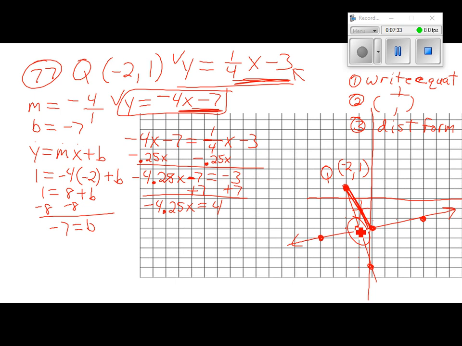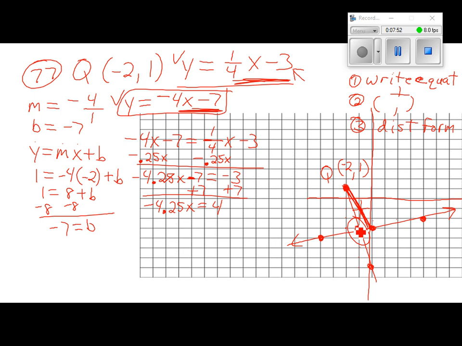A lot of times the B will be something like 5.2, and we won't be able to tell exactly. So yeah, you could do that also. And that's part of the reason that we graph it, is sometimes it'll make it easier to look at it and see rather than doing all the math.